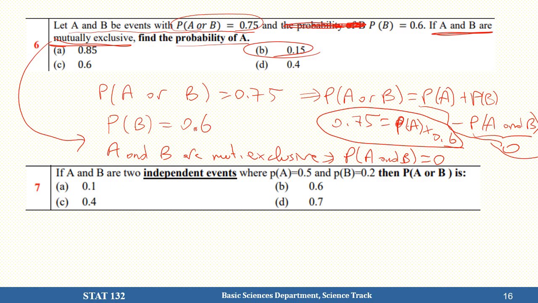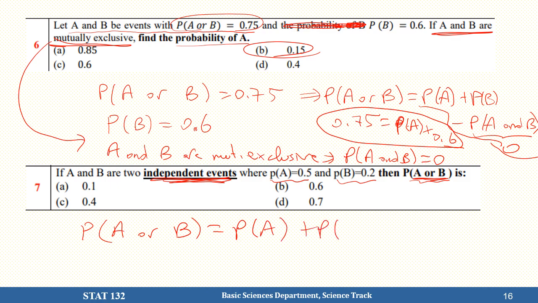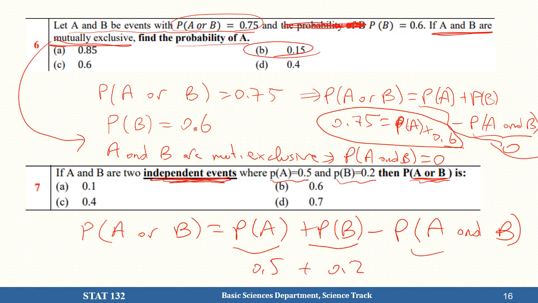Now, if A and B are independent events where the probability of A is 0.5 and the probability of B is 0.2, then what is the probability of A or B? Again, we have to use the addition rule here. The probability of A or B is equal to the probability of A plus the probability of B minus the probability of A and B. We know this is 0.5 and this is 0.2, but the question here is this one.